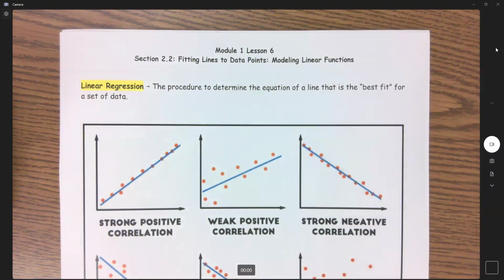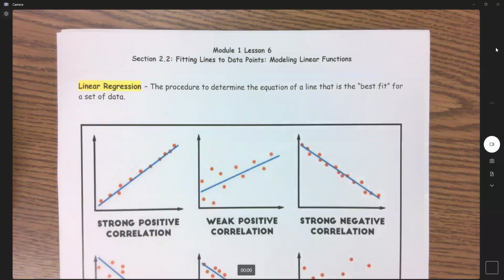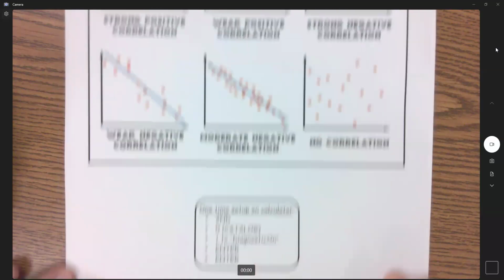So we're going to do 6 different types of regressions over 4 different lessons, 1 in each module. Honestly, if you understand how to do linear regressions, it is almost the exact same for the other 3 lessons. So these lessons in general should be really easy because it's just repetition.